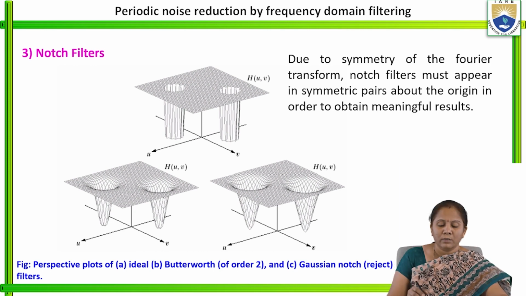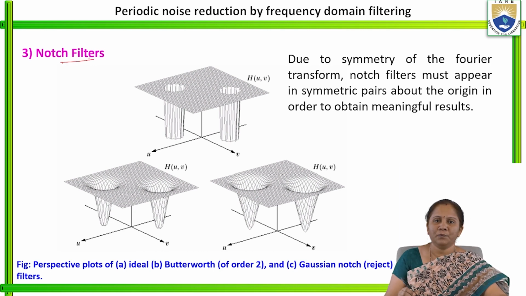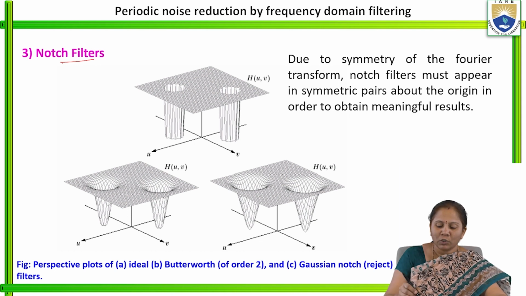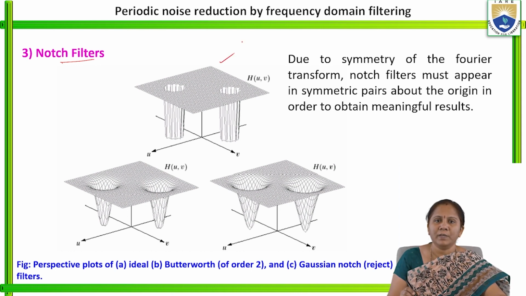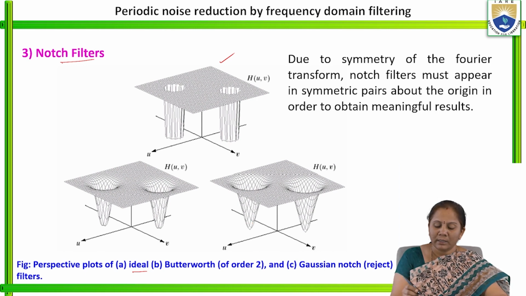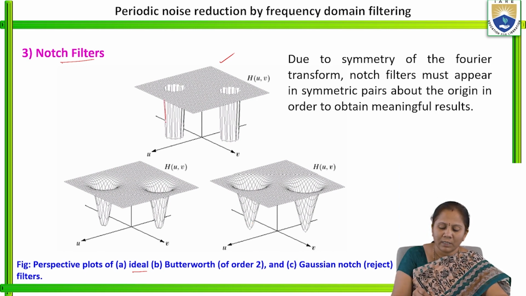Using these notch filters, we can observe the perspective plots for the three types of notch filters, that is ideal, Butterworth and Gaussian notch filter. This is the first figure, which represents the ideal notch filter. As this is ideal, in this graph we can observe there is a sharp transition.